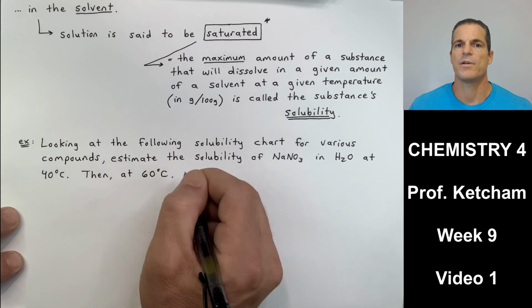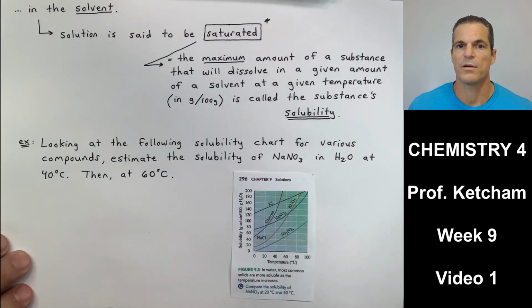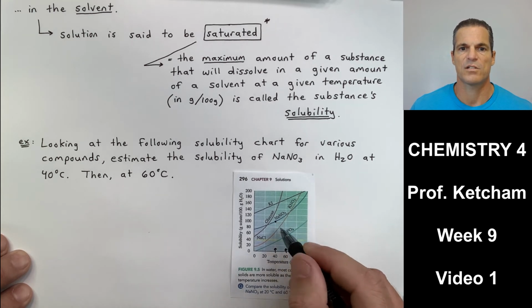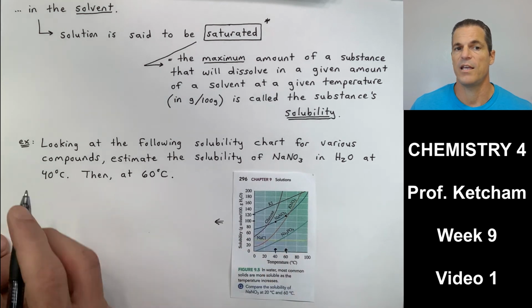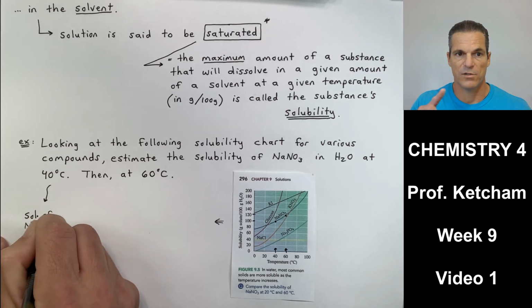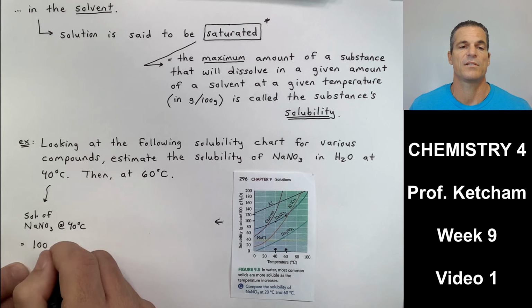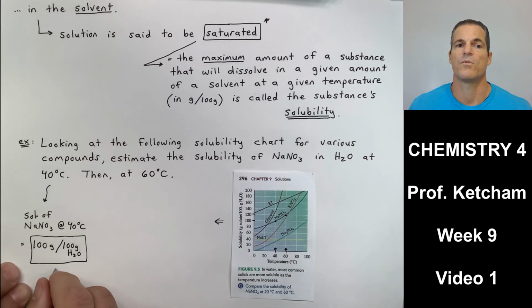So NaNO3 is our solute, and we're dissolving it in 100 grams of water according to the chart. At 40 degrees, first you have to find the curve for NaNO3, and then at 40 degrees, you just do rise over run. The solubility of NaNO3 at 40 degrees Celsius is 100 grams for every 100 grams of water as solvent.